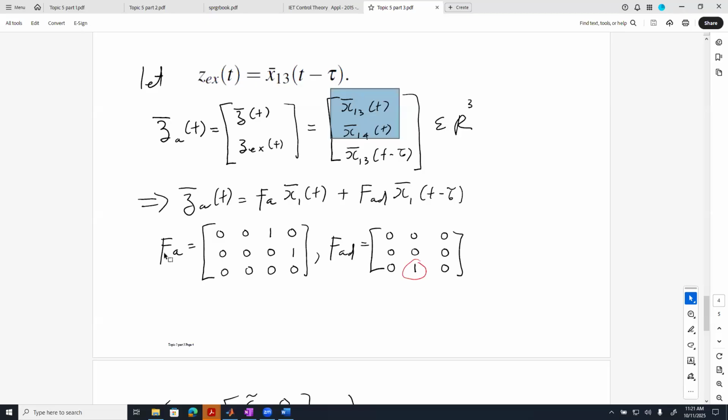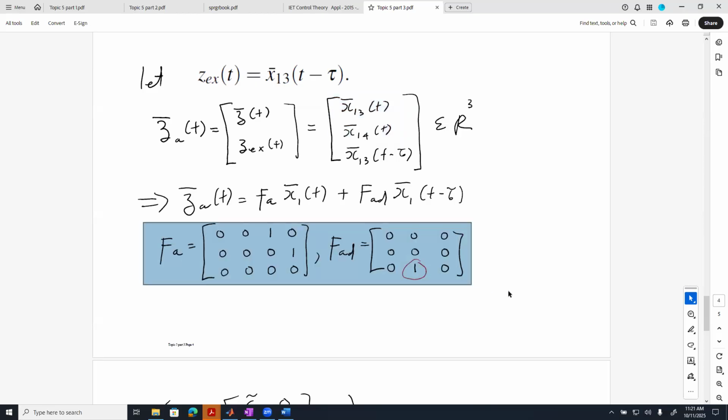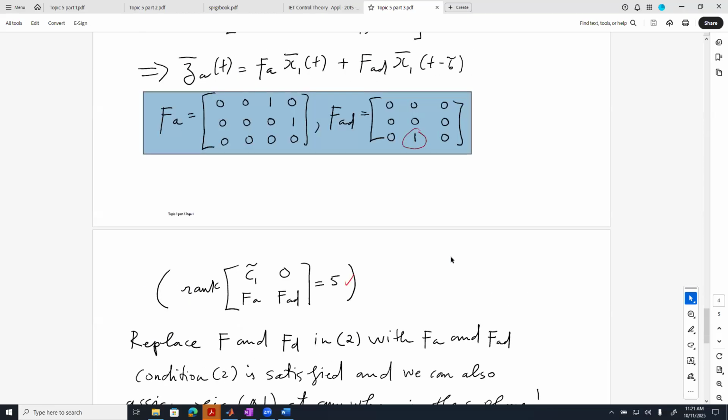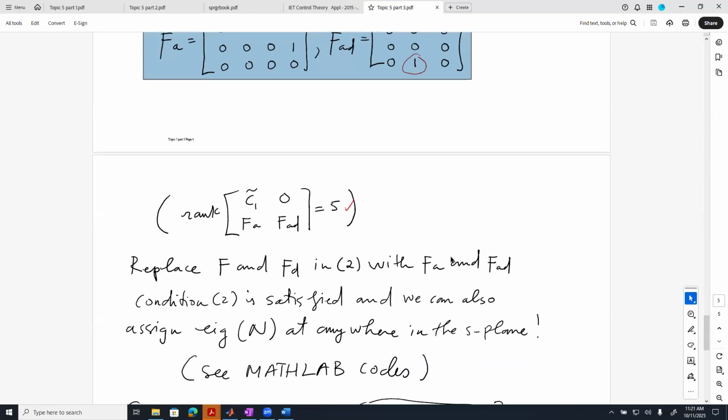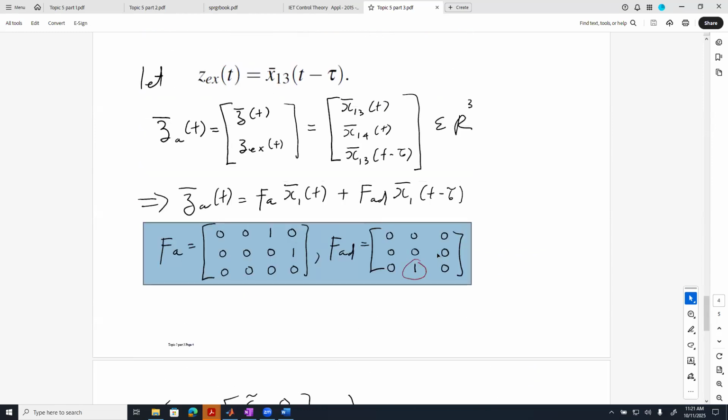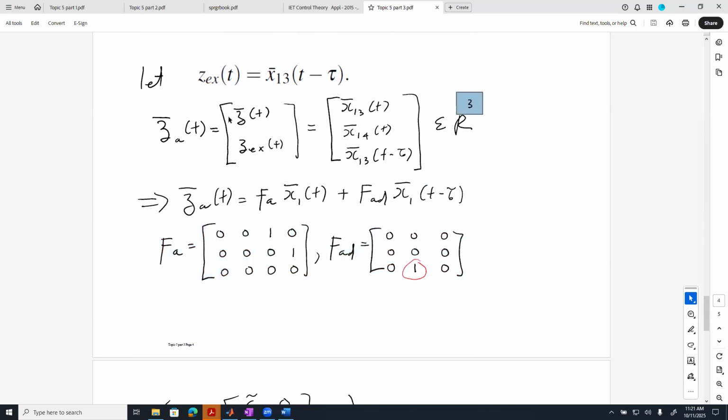So once we got these new Fi and Fid matrices, we're now going to design a third order observer, because that consists of three functionals.